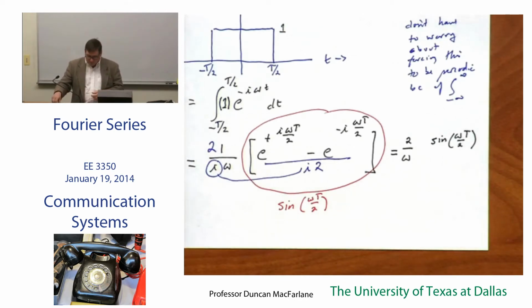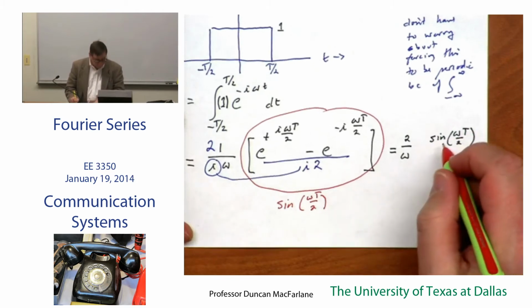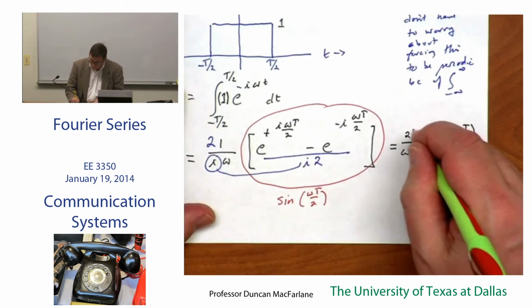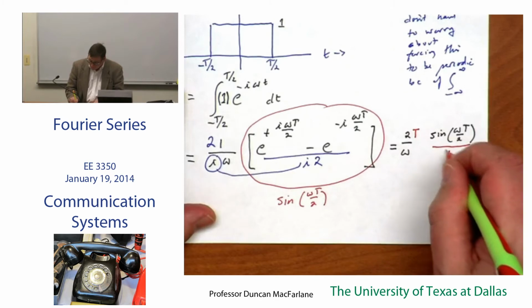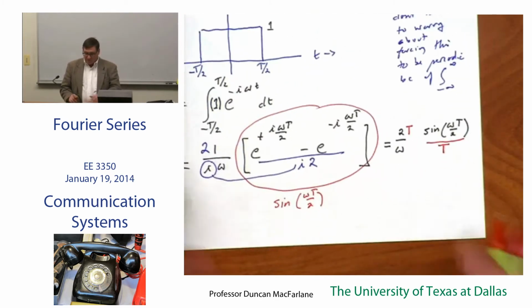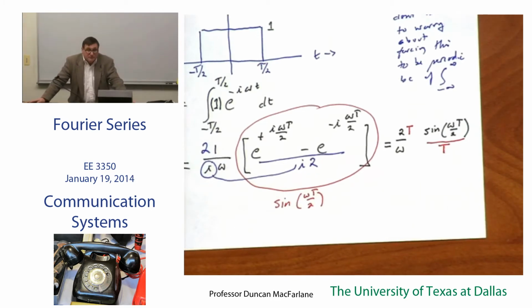I've left a little bit of awkward space in there. So I'll fill it up by multiplying through by 1. Capital T over T is 1.